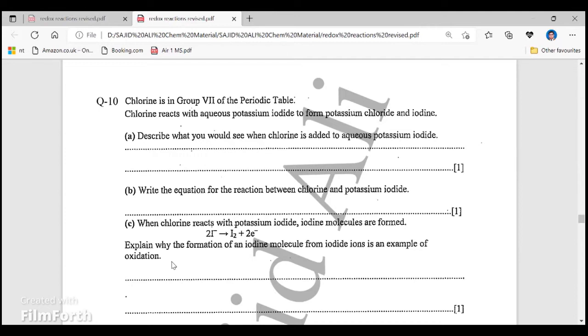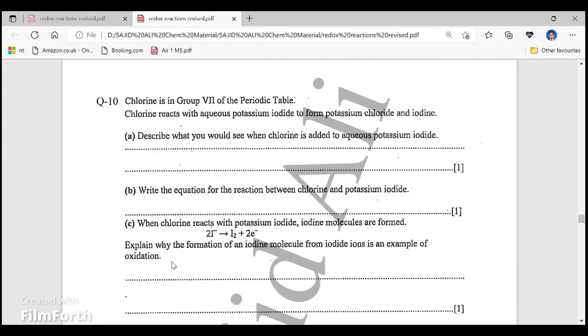Did you get this or not? Yes, sir. Because chlorine is an oxidizing agent that will oxidize iodide ions into iodine. So you would say here that the colorless solution of potassium iodide will turn from colorless to brown.